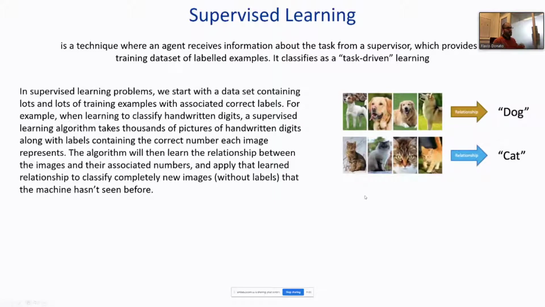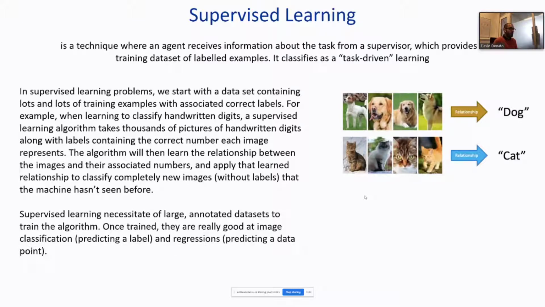Another example, which we are going to use later, is a data set of handwritten digits with the label: this handwritten 5 is a 5, this is a 2, this is a 3, and so on. The algorithm will learn the relationship between the images and the associated labels and apply that learned relationship to classify completely new images that don't have labels, that the machine has not seen before.